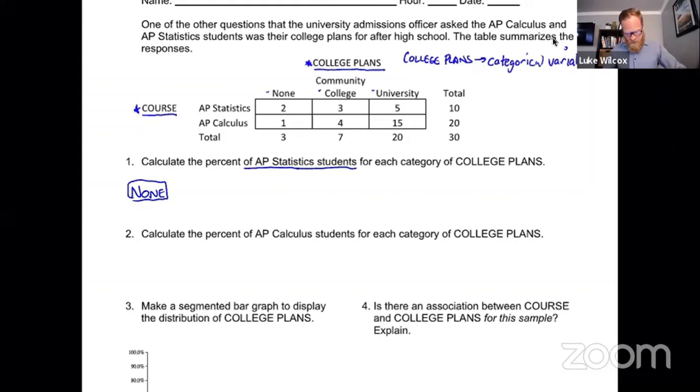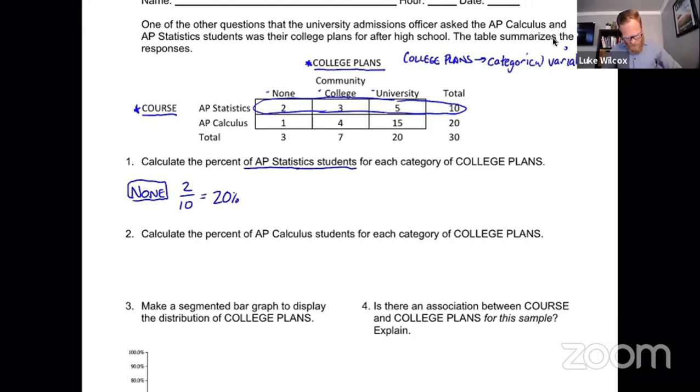So that means that I'm only looking at these values here, that very first row in the table here. So the percent of AP statistics students that were none, well, that's 2 out of the 10 total, which is 20%. 20% for that first category.